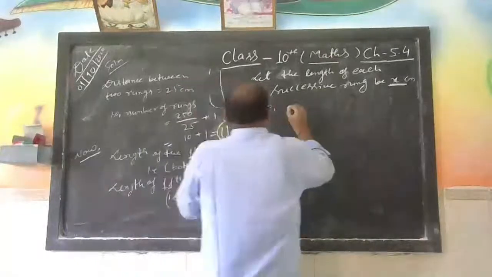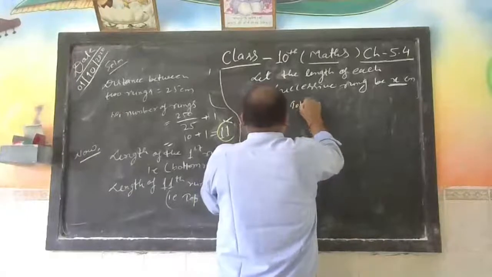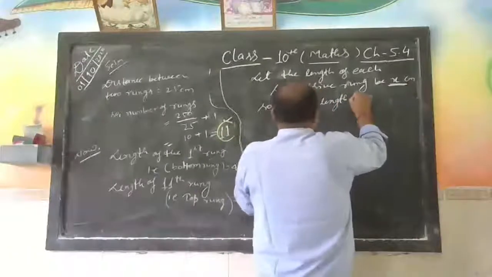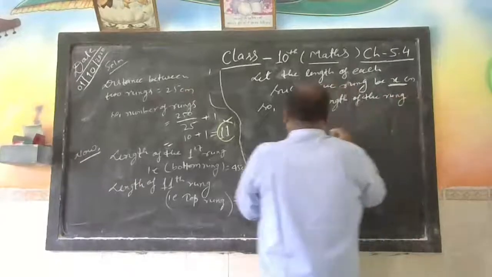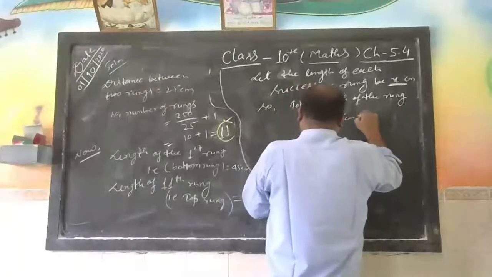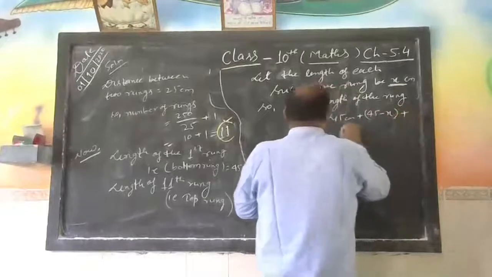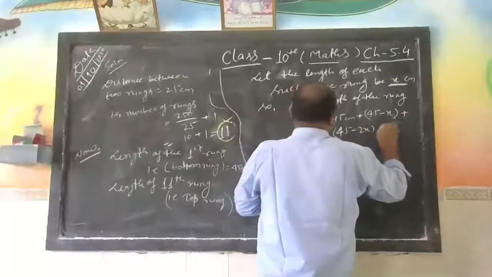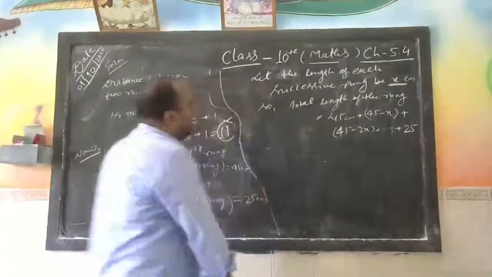So the total length of the rung will be 45 centimeter plus 45 minus x plus 45 minus 2x up to the last, which is 25.